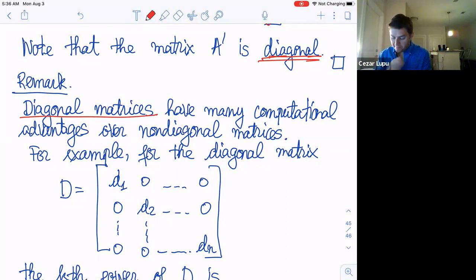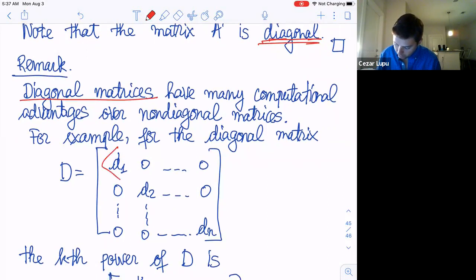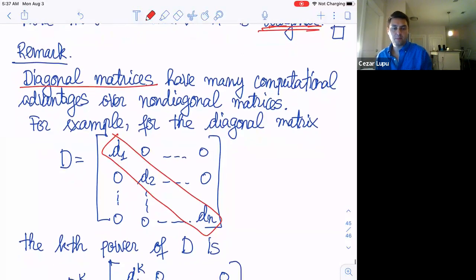For example, if we have this diagonal matrix here, D, as you can see, of course everything else is 0. It's only the elements on the diagonal, right? D1, D2, Dn. Then it's quite clear to compute the kth power.